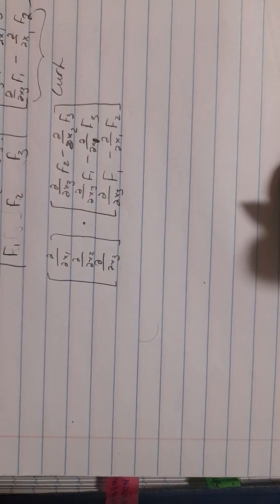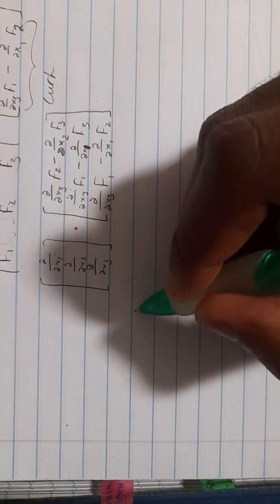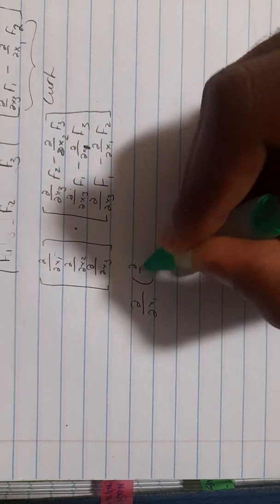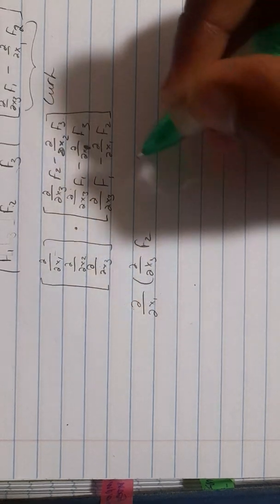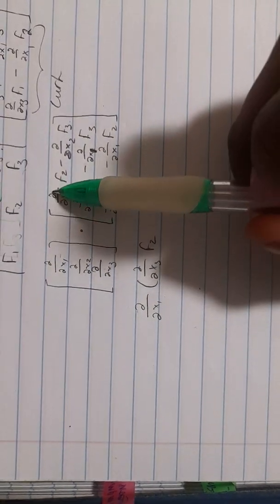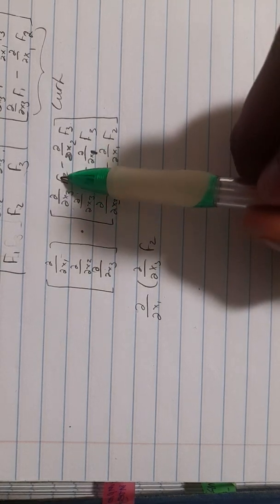Okay, now we always know that the dot product gives a scalar, so it would basically just be that times that, that times that, that times that. So it becomes x1 x3 f2. Now this is the same as saying taking the partial derivative with respect to x3 of f2.